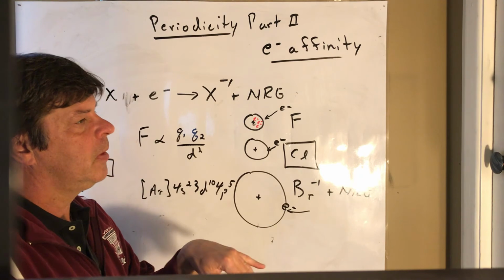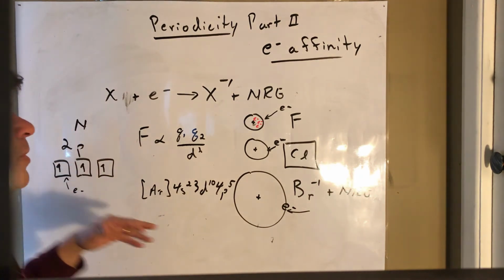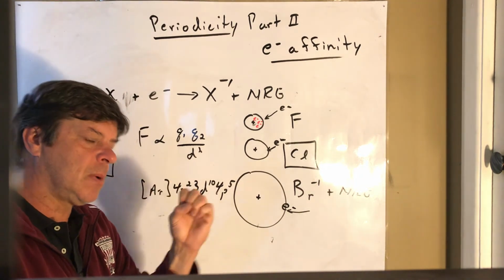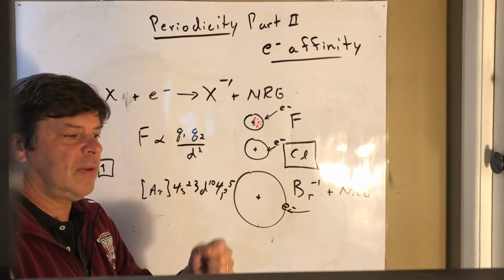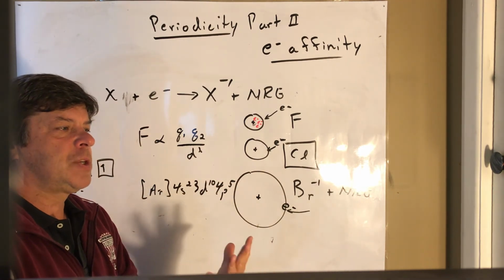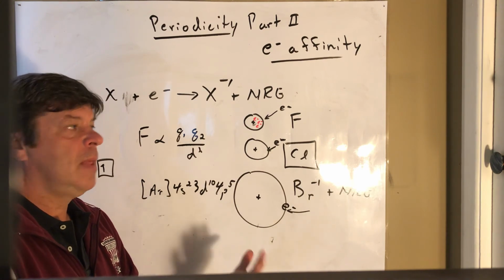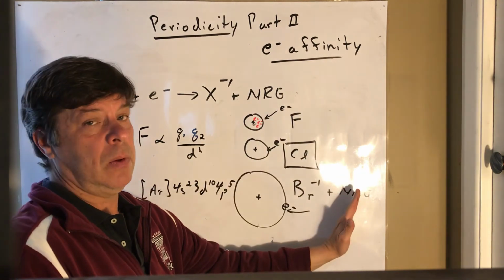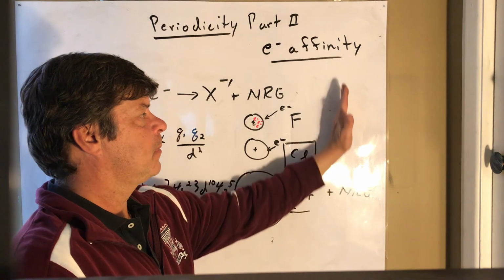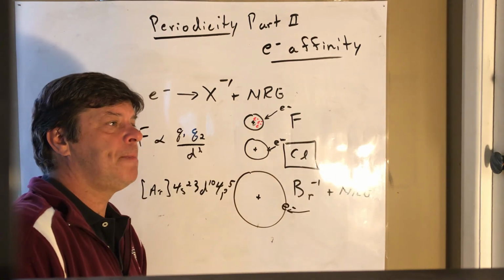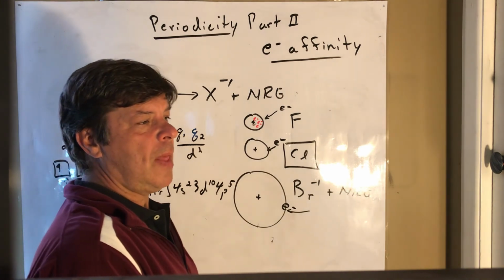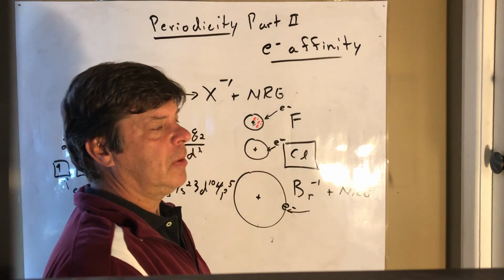And filled orbitals. So nitrogen virtually has a zero electron affinity. It doesn't have an attraction for an electron. It's true for the noble gases as well. Noble gases, their outer energy levels are filled, and there won't be an attraction.